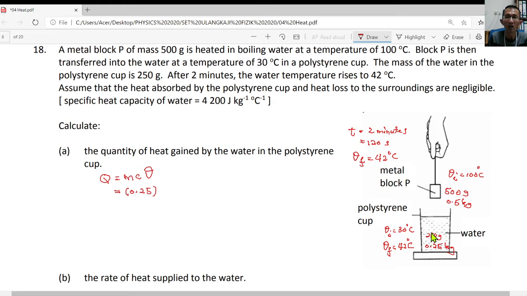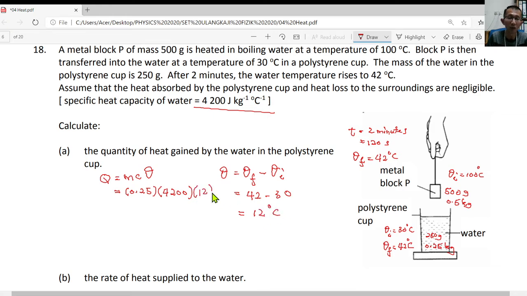We are talking about the water in the polystyrene, so the mass is 0.25, and our specific heat capacity of water is given in the question, that will be 4200. The change in temperature, theta, equals the final temperature minus the initial temperature. Final is 42, initial is 30, so the difference is 12 degrees Celsius.